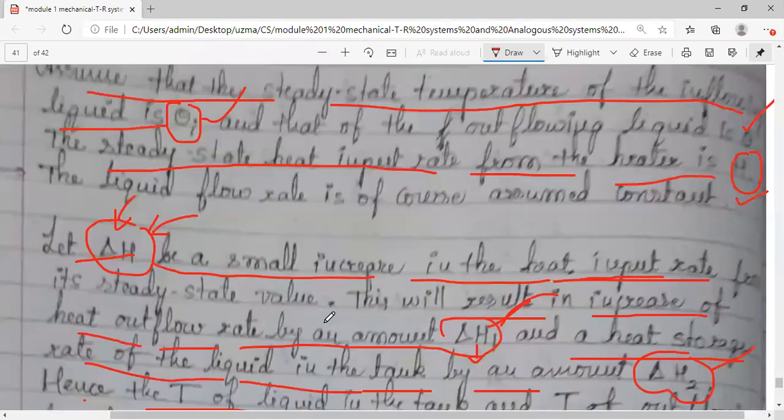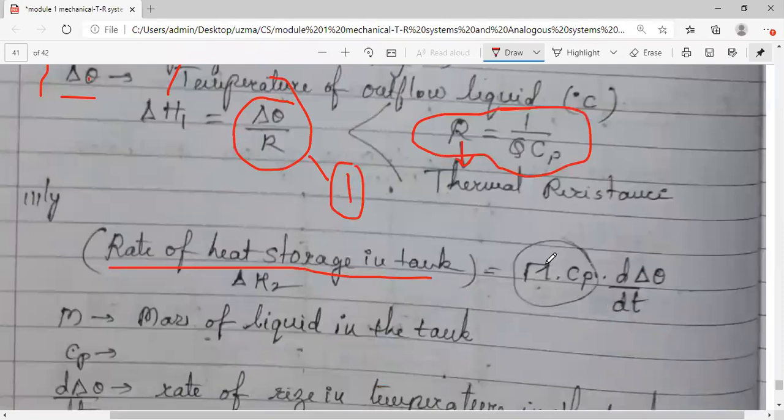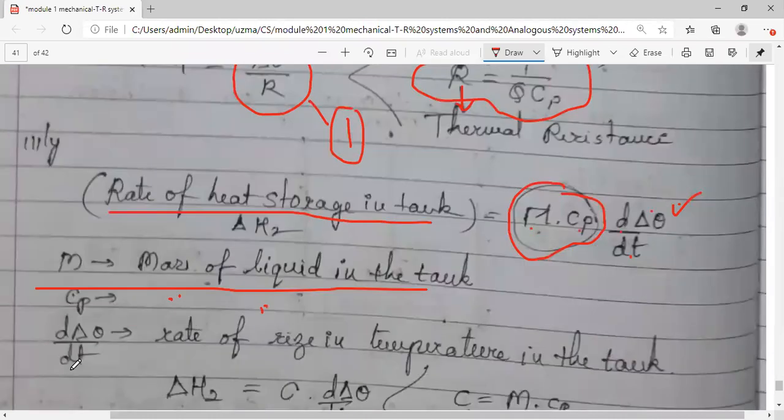So delta H2 is equal to m into Cp d by dt of delta theta, that is the temperature change. m is the mass of the liquid inside the tank, Cp is the specific heat, and d by dt of delta theta is the change in the temperature in the tank.